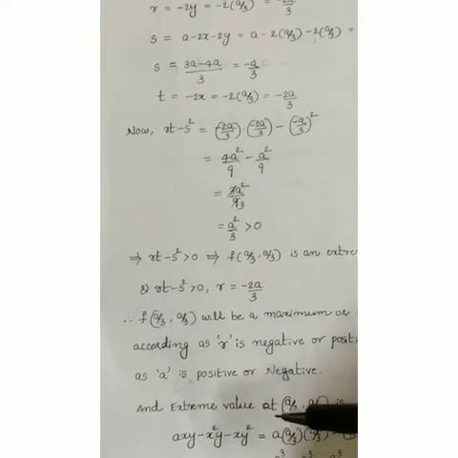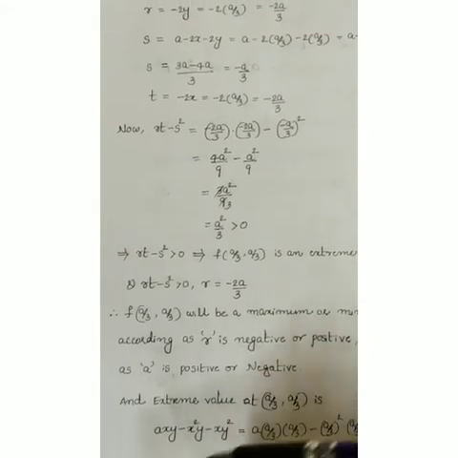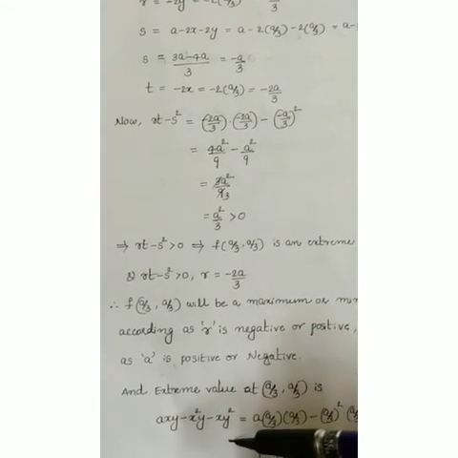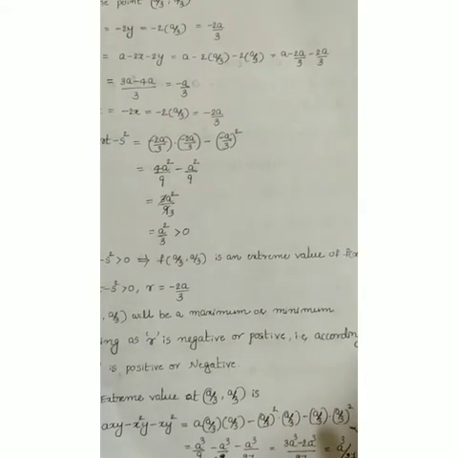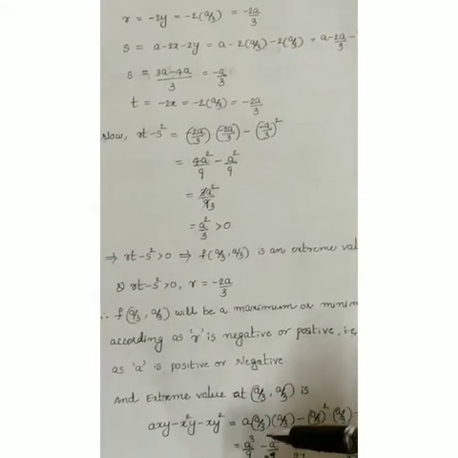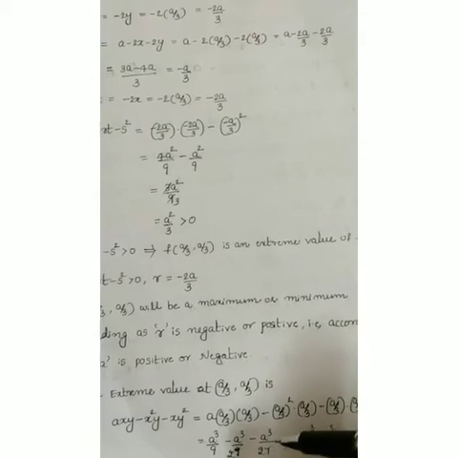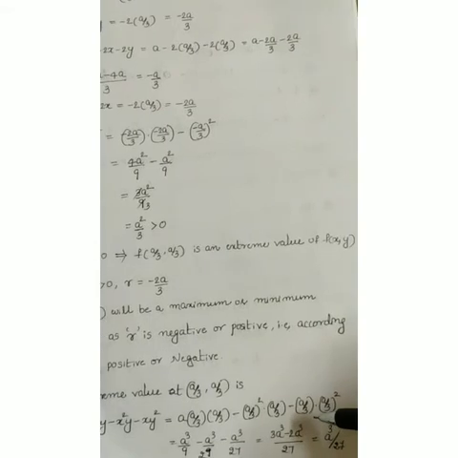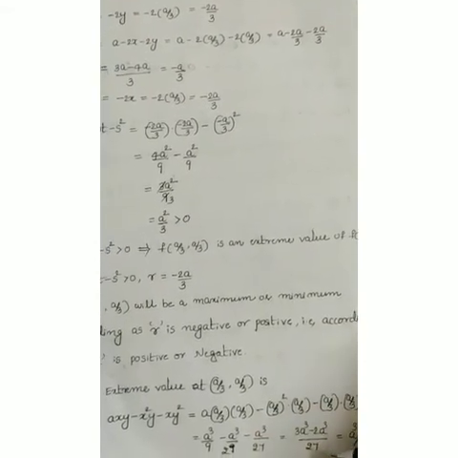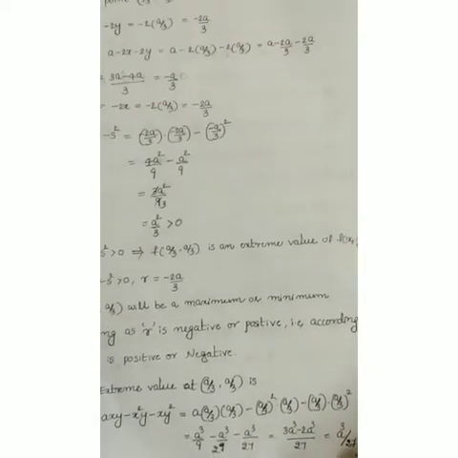And the extreme value at the point (a/3, a/3) is found by substituting this point in the given function axy - x²y - xy². So a·(a/3)·(a/3) - (a/3)²·(a/3) - (a/3)·(a/3)², that is a³/9 - a³/27 - a³/27. Here 9 into 3 is 27. Taking LCM 27, 3a³ - 2a³, that is a³/27.